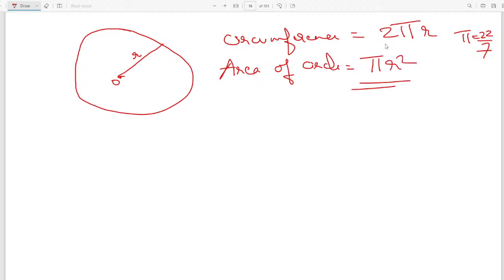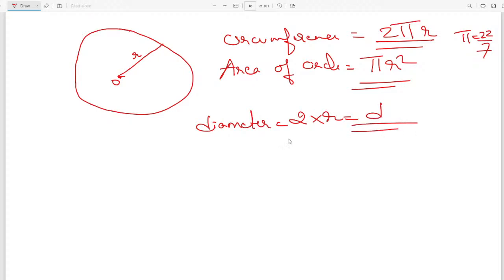These are the basic things that we need to remember. The diameter of the circle is equal to 2 into r, 2 times the radius, that is d. So for the circumference, since you have 2 pi r and 2 into r is d, you can write it as pi d also.